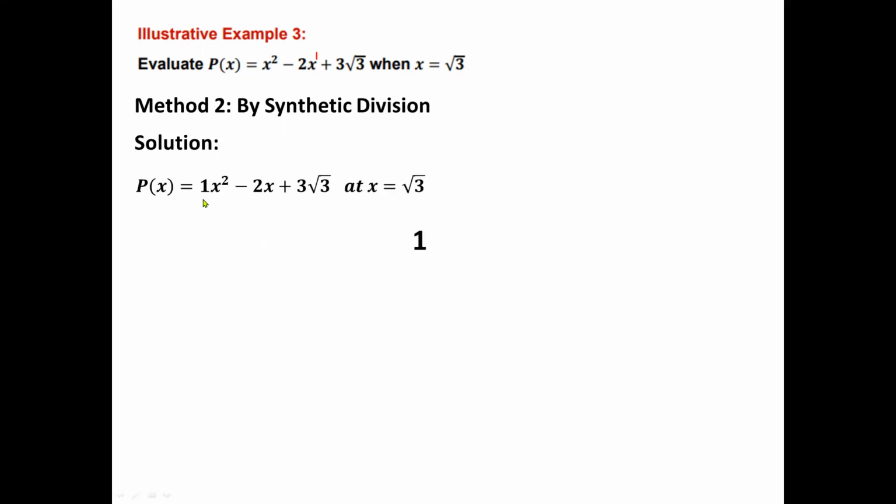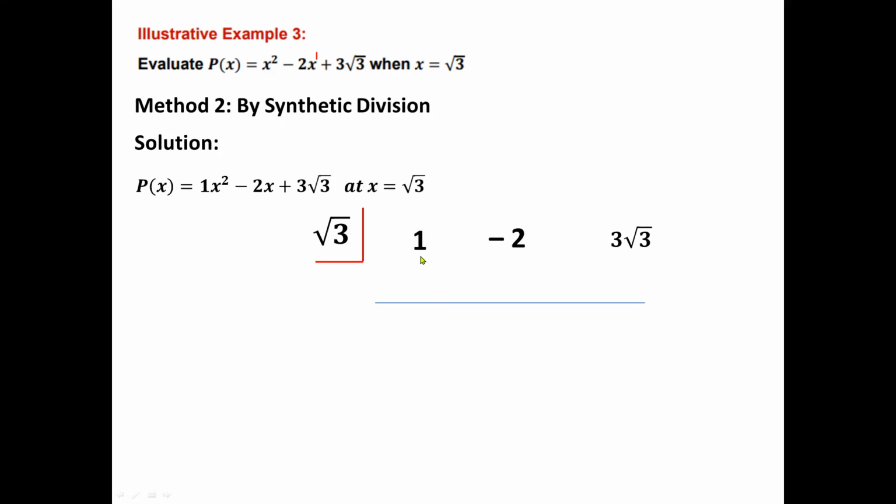And then, 1, negative 2, 3 square root of 3. And then, yung factor natin is square root of 3 sa gilid. And then, underline. Kuha ba, anak? Naintindihan mo, anak?